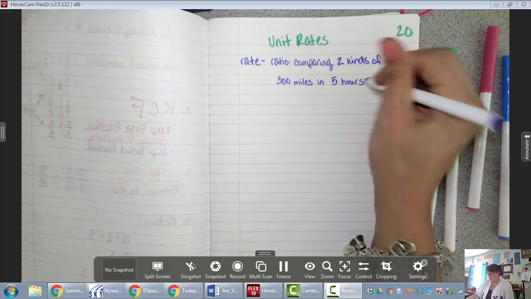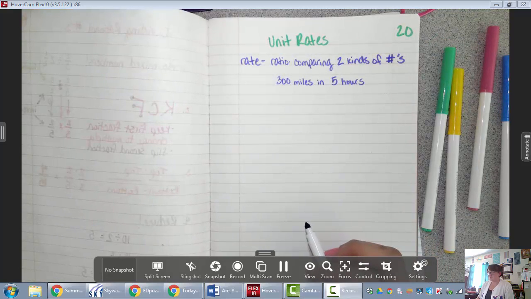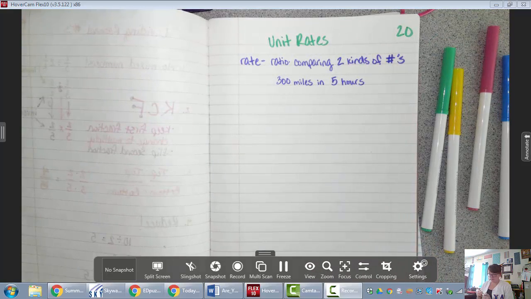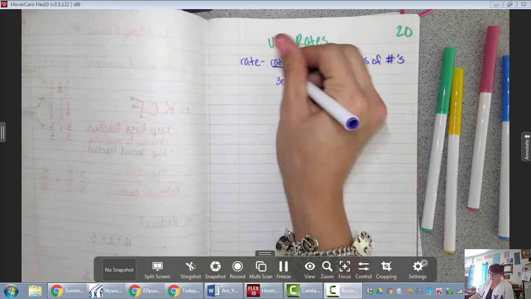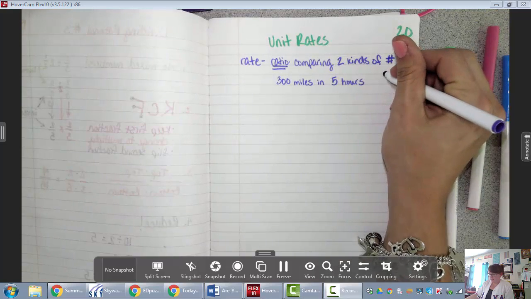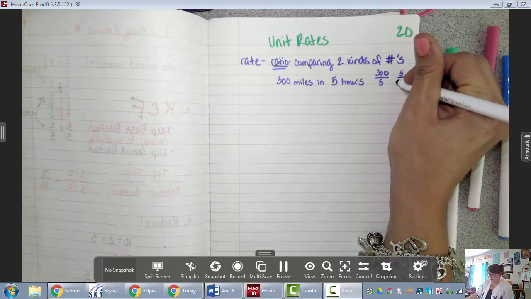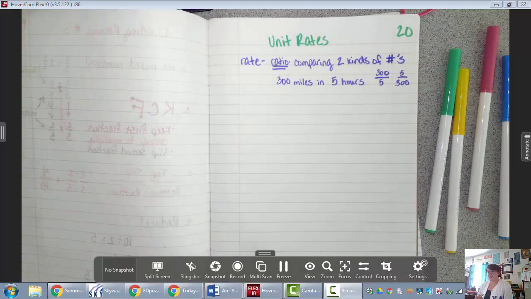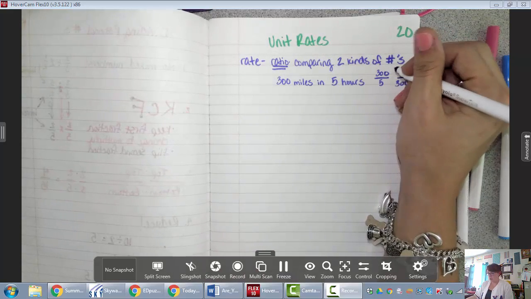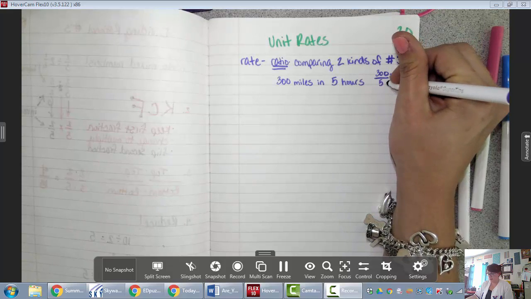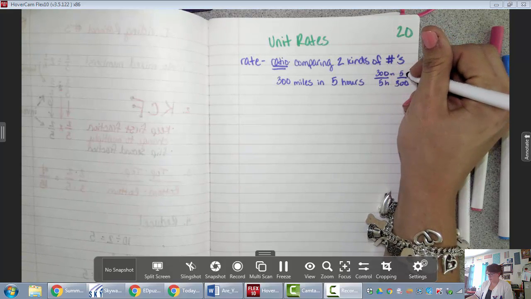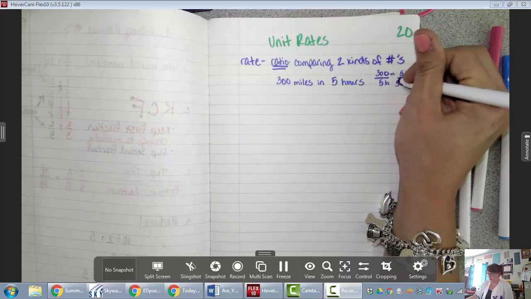Trying to be realistic. And we can write this as a ratio by saying 300 miles in 5 hours or 5 hours in 300 miles. This is not a fraction as long as you label it. This is miles, this is hours. This is hours, this is miles.